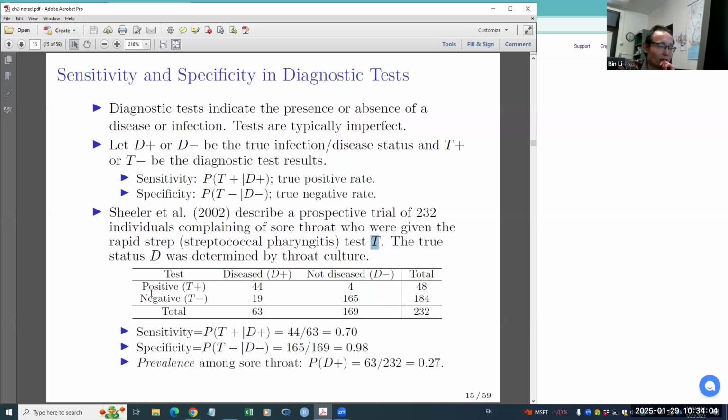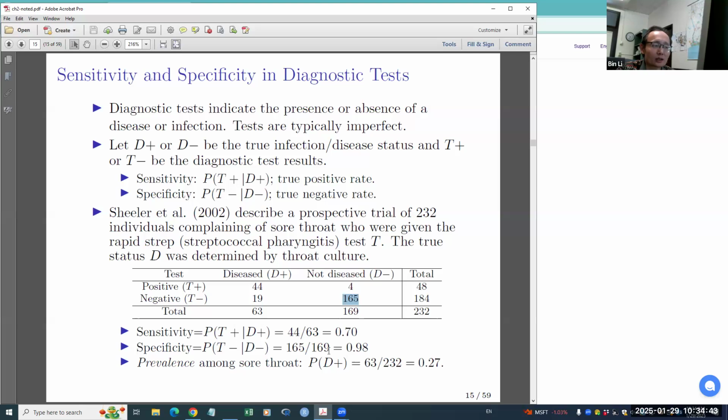So we do know the truth through this standard test, but we want to see the sensitivity and the specificity of this rapid test. Okay, so this is the table. You can see we have 44 positive and diseased, 4 positive but not diseased. Okay, and we have 19 negative but diseased, and we have 165 negative and not diseased.